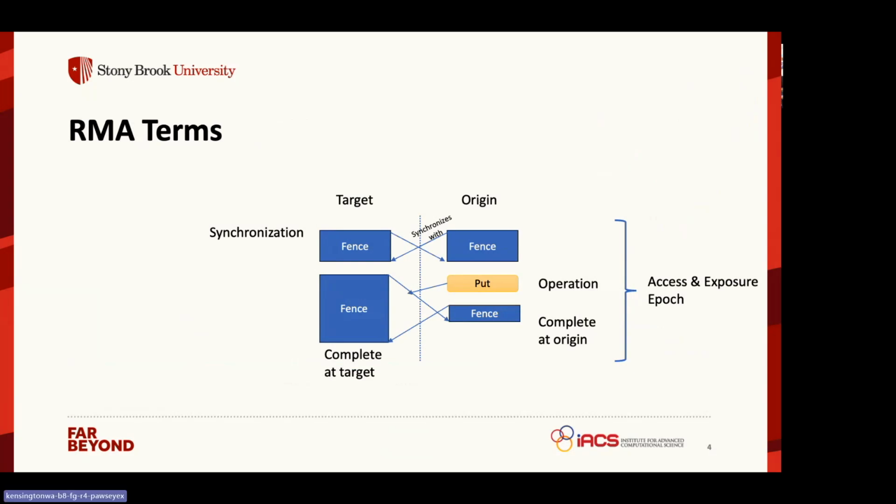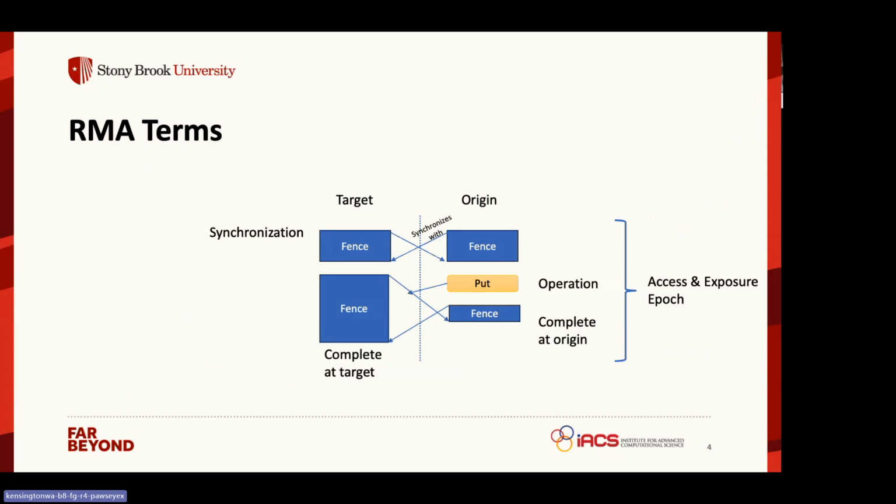We usually talk about origin and target in RMA. The process that initiates an operation is the origin. The target is where the data goes. Origin can be the same as the target. In this case, we have the target on the left, the origin on the right. There's synchronization primitives like the FENS that synchronizes two processes or more. And then there's completion at the origin.